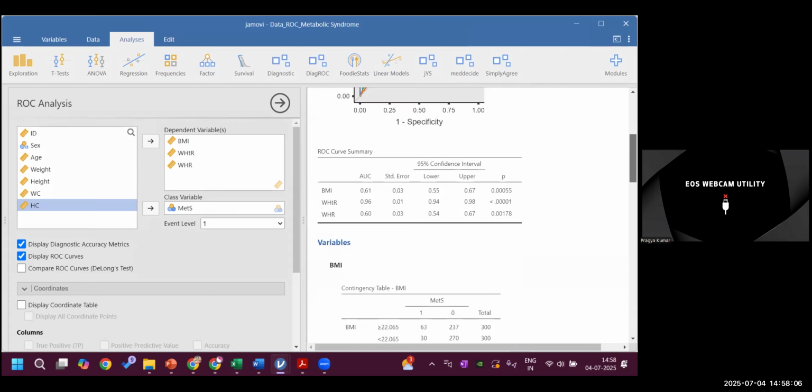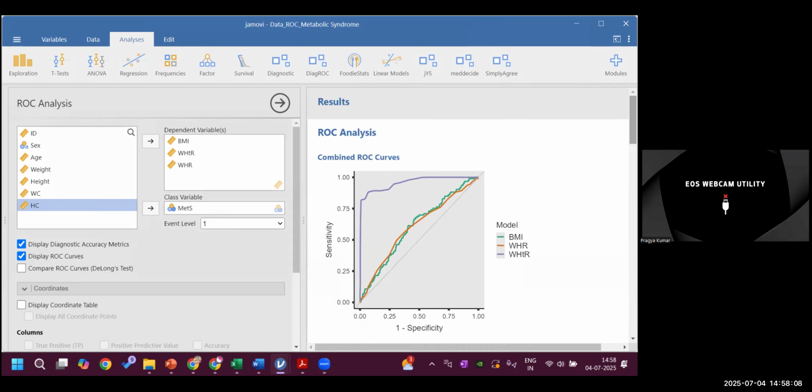So this is the comparison. First we will learn this, you practice this, and then I will take the other half where I will demonstrate a few more options in case of this ROC.